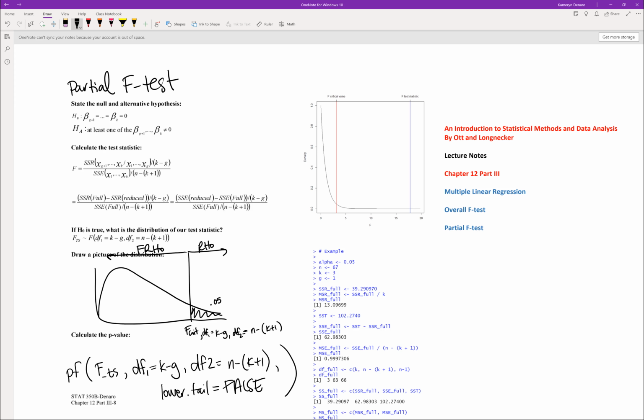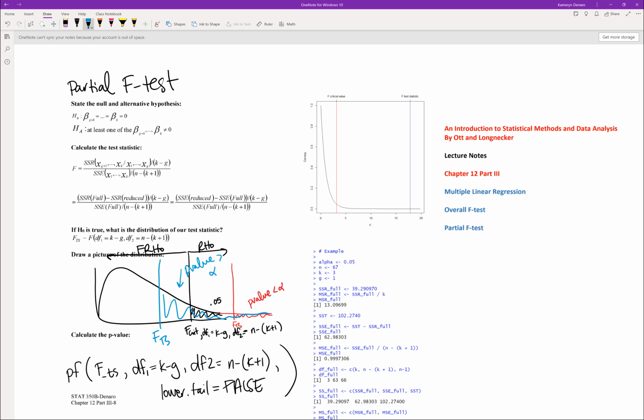If our test statistic is beyond our critical value, somewhere over here, then this area is going to be very small. Our p-value would be less than alpha in this case, and we're going to reject H0. But if our p-value is very large, that means our test statistic fell somewhere over here, and in that case our p-value is going to be greater than alpha.